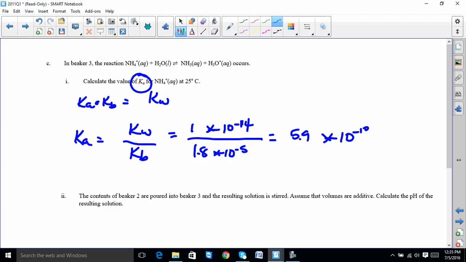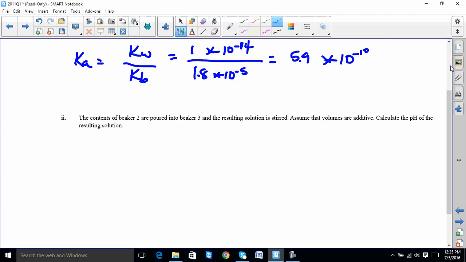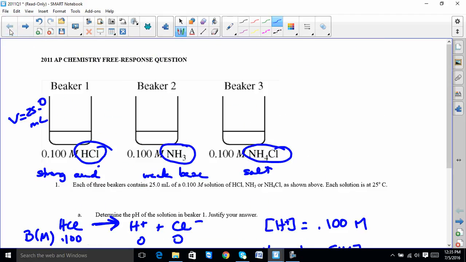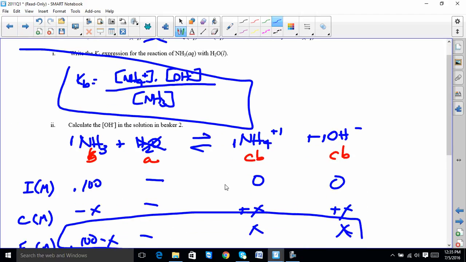Okay, now interesting, I'm going to go back to this equation over here. So what you're doing in the next part is they want you to take beaker 2 and beaker 3 and mix them together. I'm going to switch to a weird color, purple. This is what's in beaker 2.